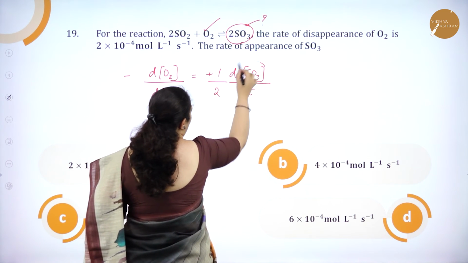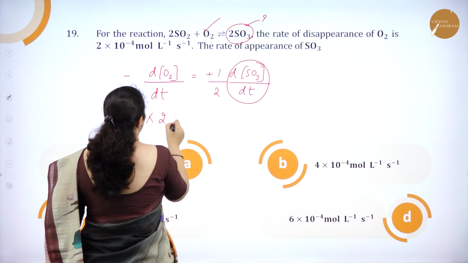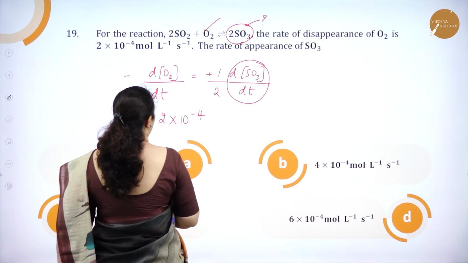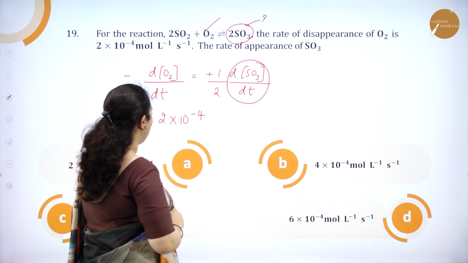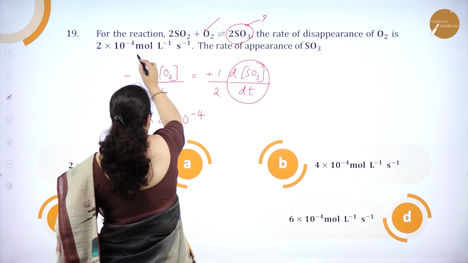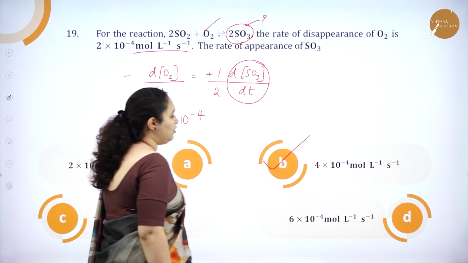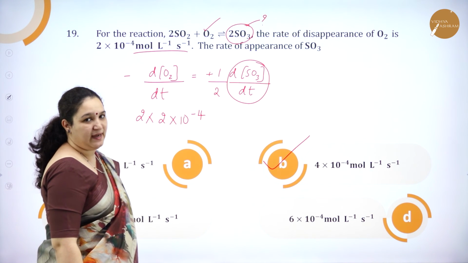You have to find out what this is. So, 2 into this value, which is 2 × 10^-4. Okay, 2 2s are 4. So, the answer is 4 × 10^-4. Unit will remain as it is, mole per liter per second. So, option is B, 4 × 10^-4 mole per liter per second.